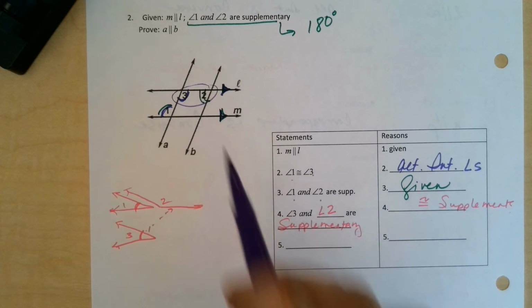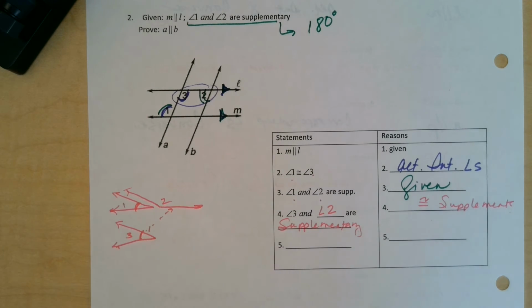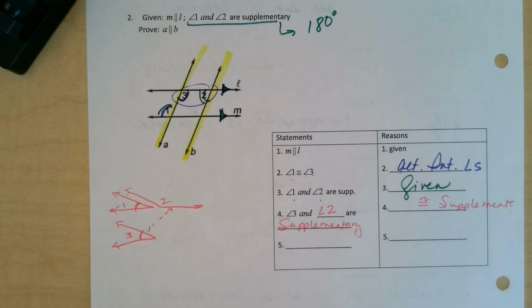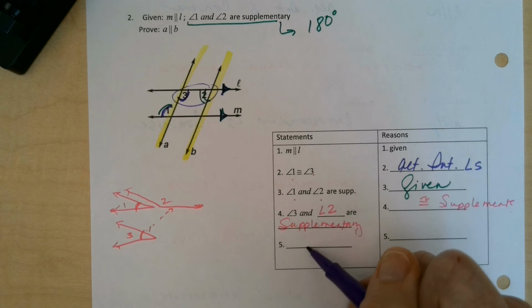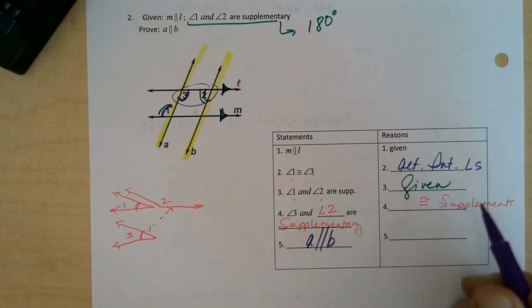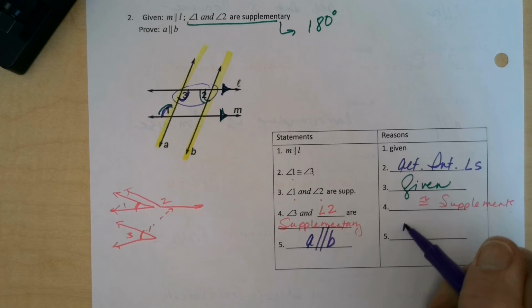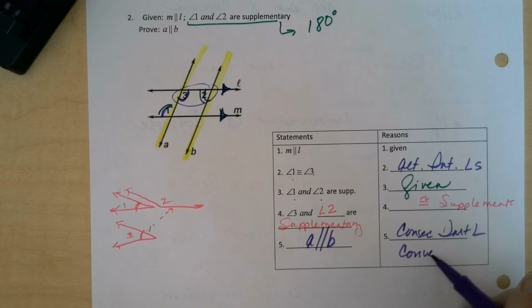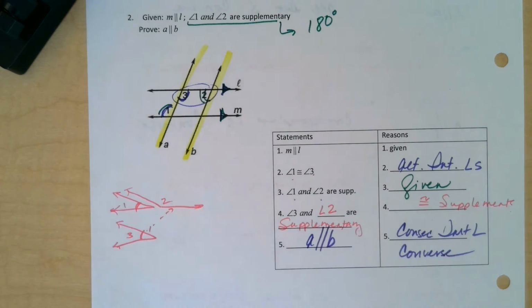Now that I have 3 and 2 supplementary, that gives me what I need to get A and B parallel to each other. A is parallel to B because I have consecutive interior angles. Converse tells me if they're supplementary, then those lines are going to be parallel. What questions do you have?